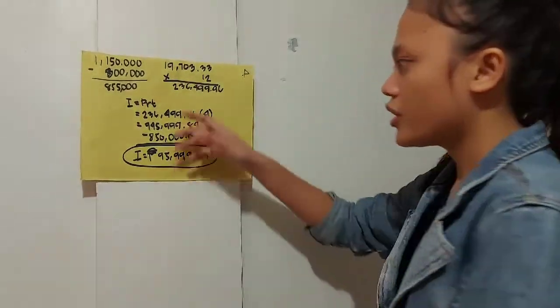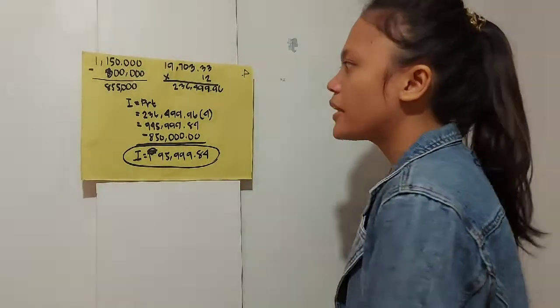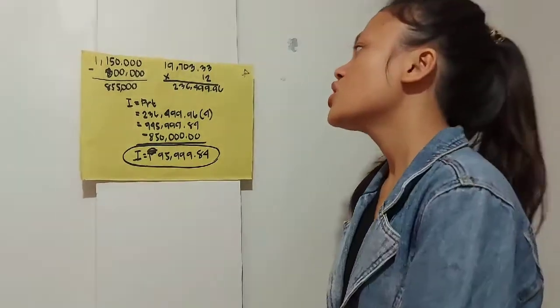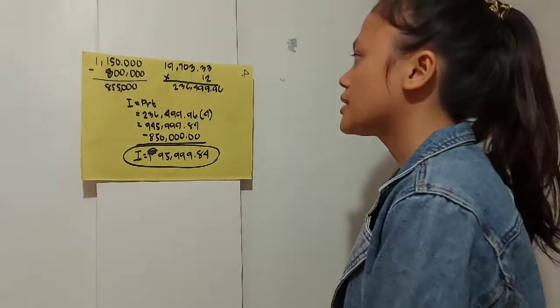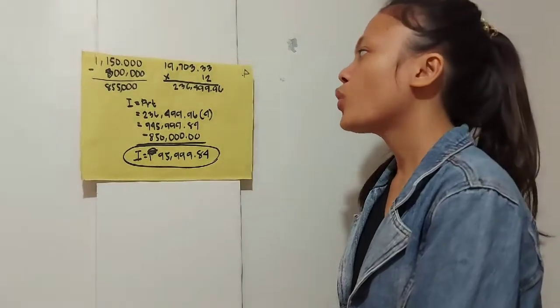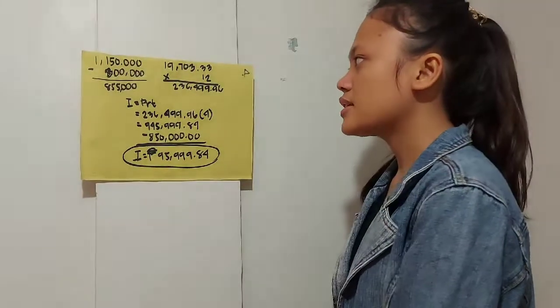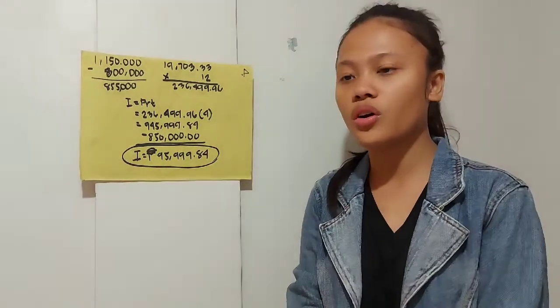And now we need to multiply the monthly payment given in the question, 19,703.33, times 12 months, which is equal to 236,499.96.